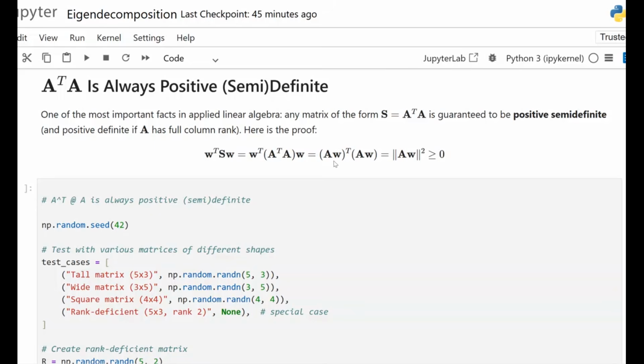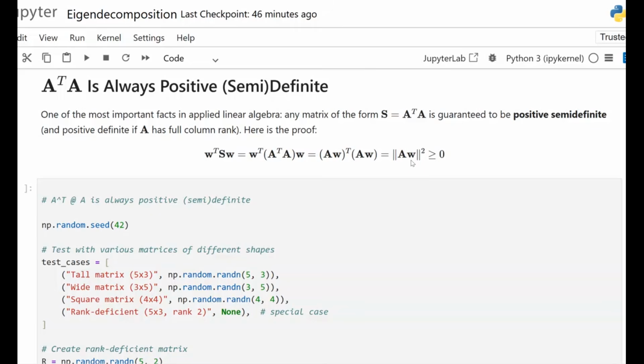And here we have the exact proof. Kindly observe, W transpose multiplied by S multiplied by W would be the squared norm of A multiplied by W, which is greater than or equal to 0.